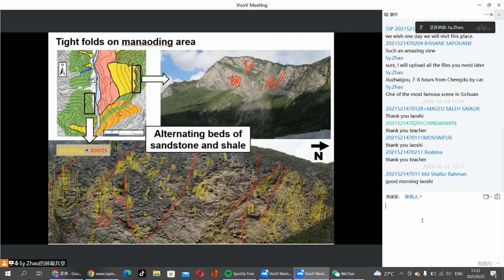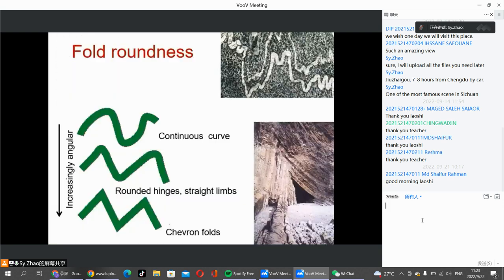And the folds I talked about just now are typical tight folds in the active tectonic region, which is usually located in the mountainous region. These folds are classified by angular extent.